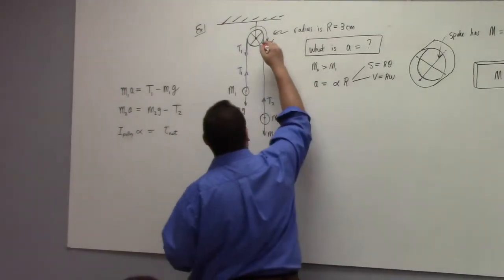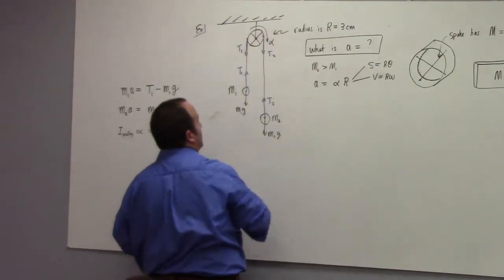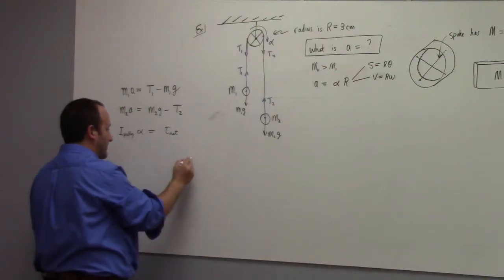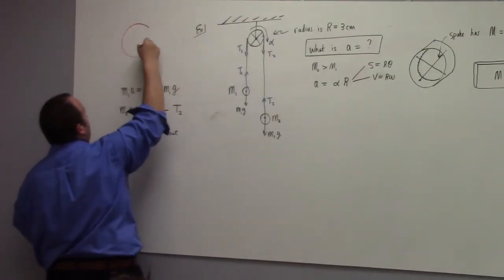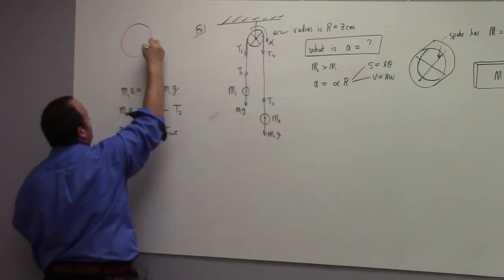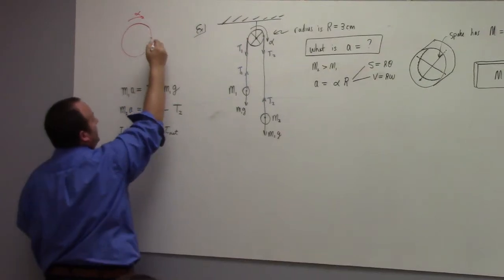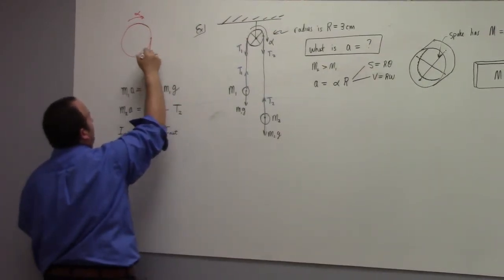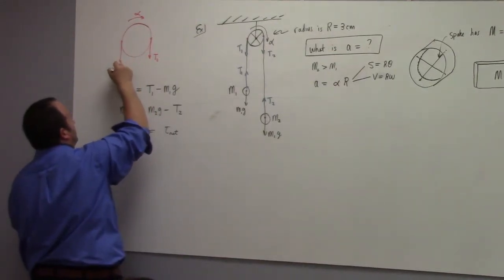So you look at it, right? If I blow it up, a picture over here, I need a picture. I'll put it up here. So if you look at the pulley, we've got, this is the positive alpha direction. So T2 is like that, and T1 is like this.